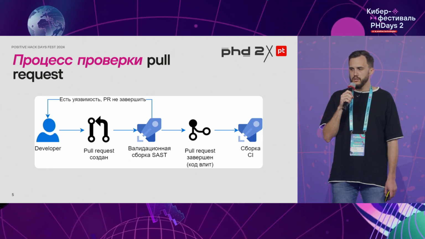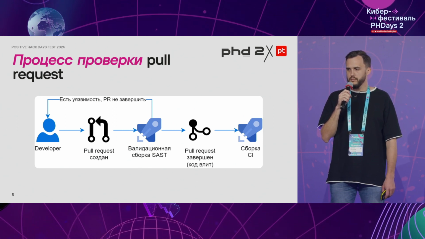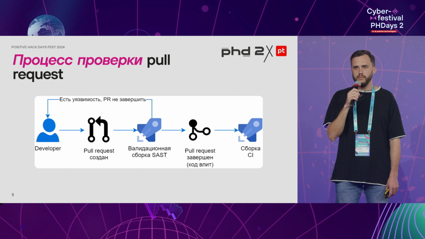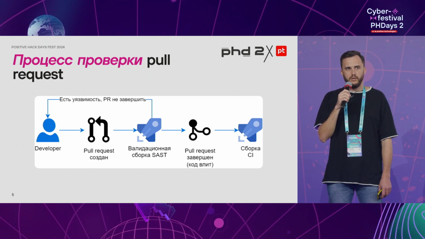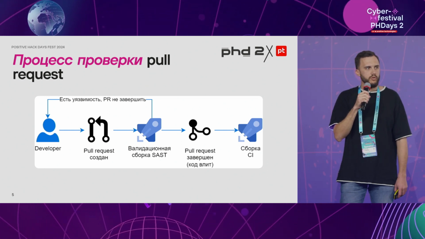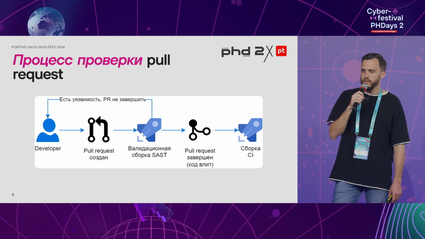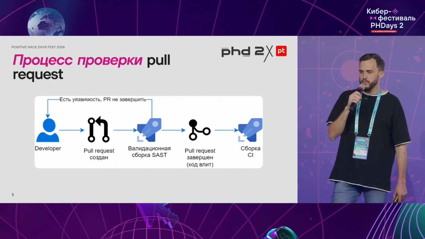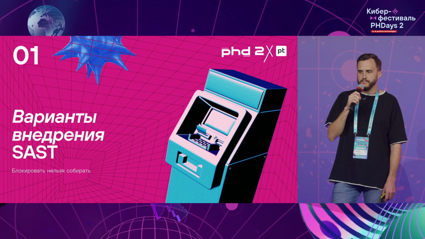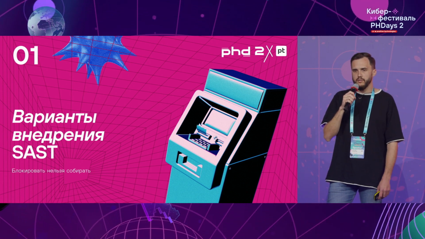If there are certain vulnerabilities and we have accepted or declined them, then the developer can complete his pull request, and in case of availability of a continuous integration assembly, he may continue the process of this pipeline.